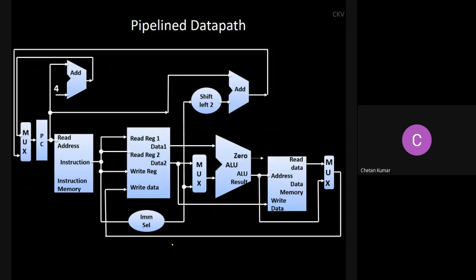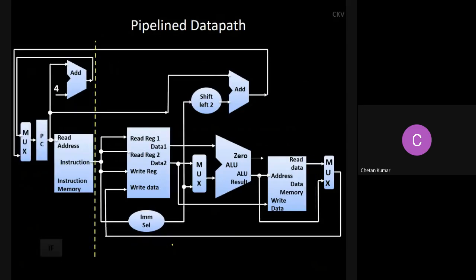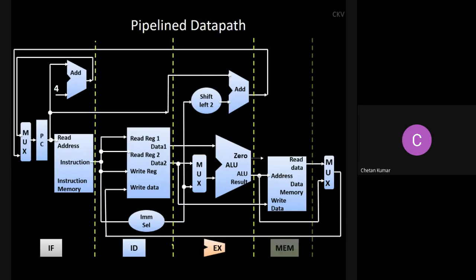The data path that we discussed for single cycle, we'll discuss how to modify for a pipeline processor, and we'll try to understand the hazards. We discussed data hazards and control hazards, right? We'll discuss the same things in a little more detail, and get some visualization of how things actually happen in hardware.